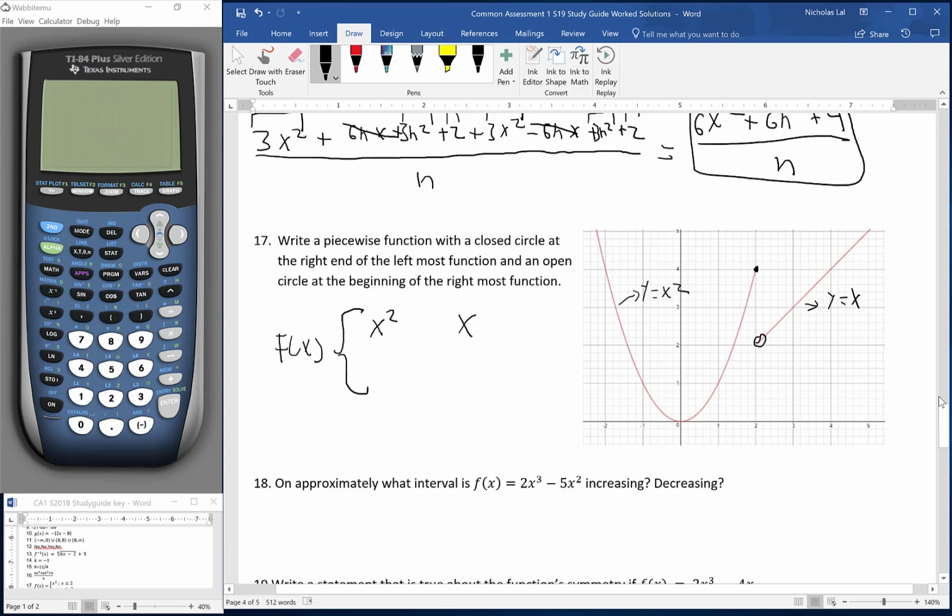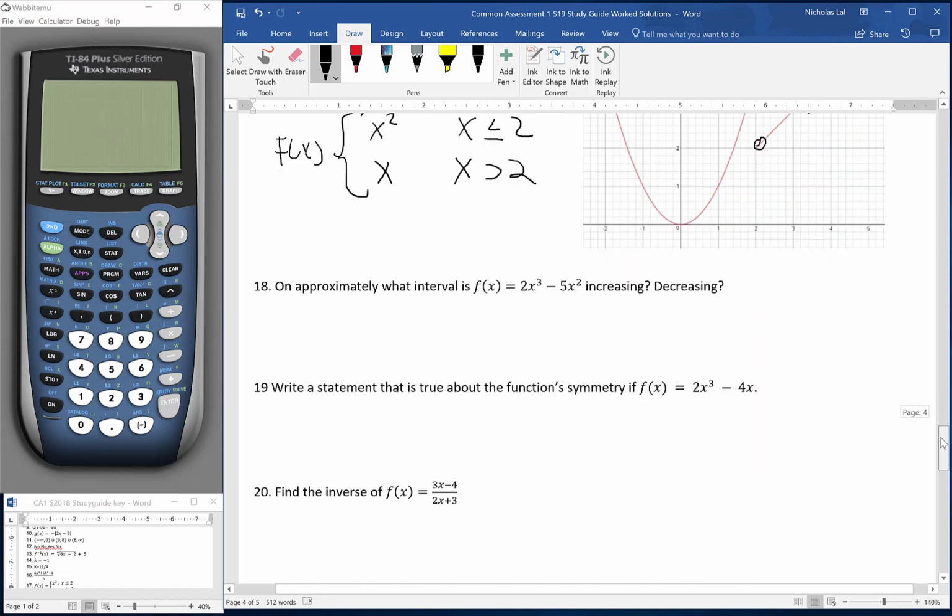So x has to be less than or equal to, what's this point right here? 2. And the other function is y is equal to x, because that is the linear identity function. And that is when x is greater than 2. So that is a piecewise function that represents the graph in problem 17.